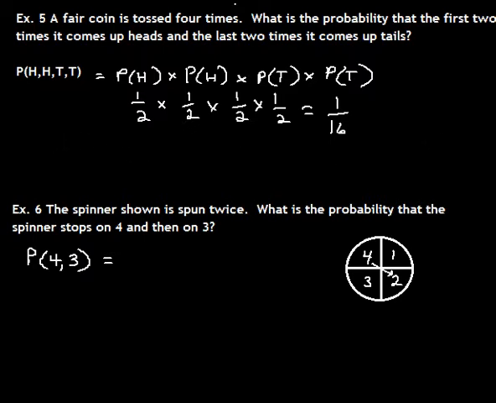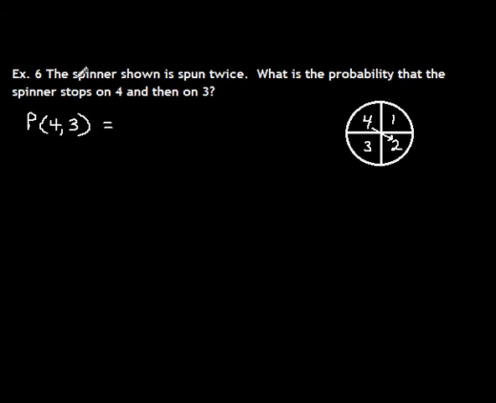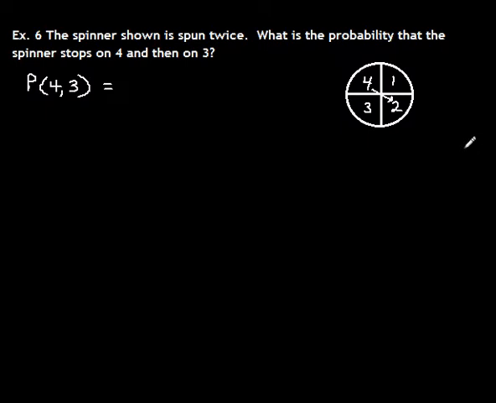Okay, last one. The spinner shown is spun twice. What is the probability the spinner stops on 4 and then on 3? Well, we would figure out the probability of 4 times the probability of 3. The probability of 4 is, there's only 1 four, so that goes on the top, out of 4 possible outcomes.